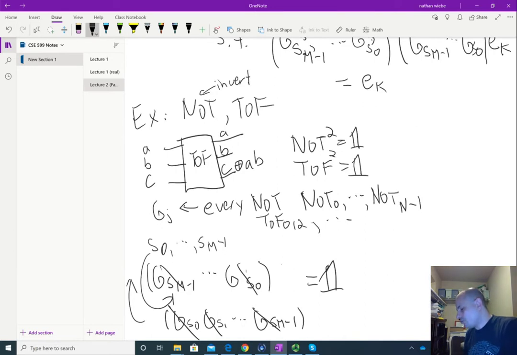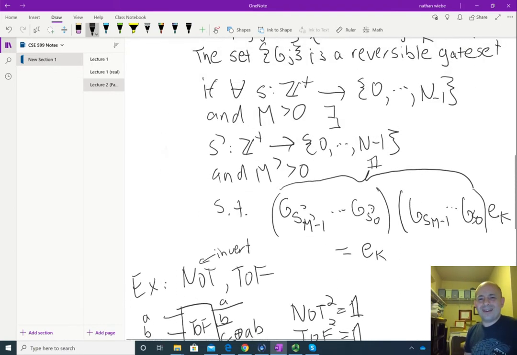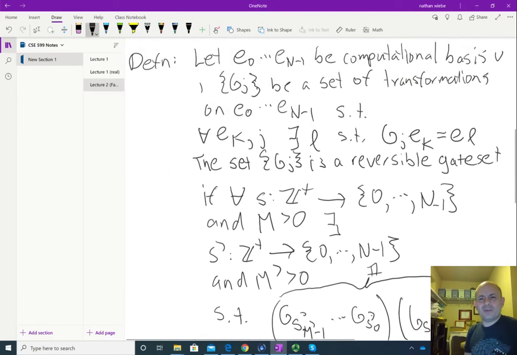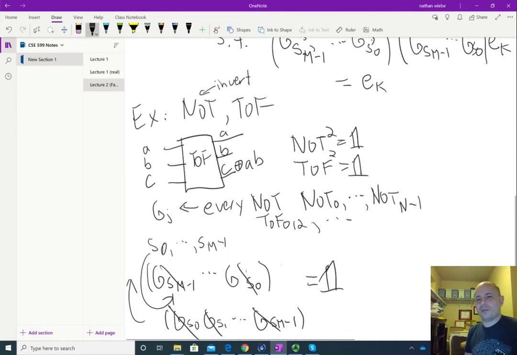But actually, there's just a little bit more structure that I'd like to get into regarding reversible circuits before we start moving on. And that's that there seems to be some suspicious stuff about them, right? The two most natural examples that I gave you squared to be the identity.